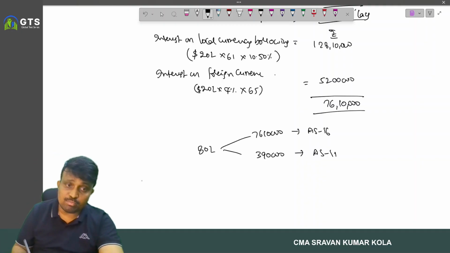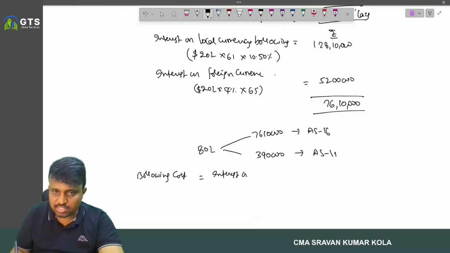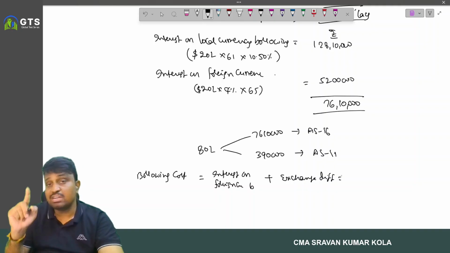Okay. And one more point is, what is the borrowing cost here? Total borrowing cost. Borrowing cost generally covers what? Interest on that foreign currency borrowing plus exchange difference covered under AS-16.